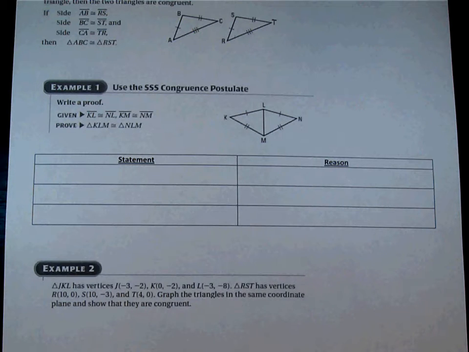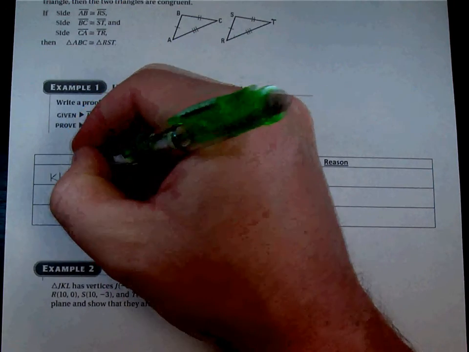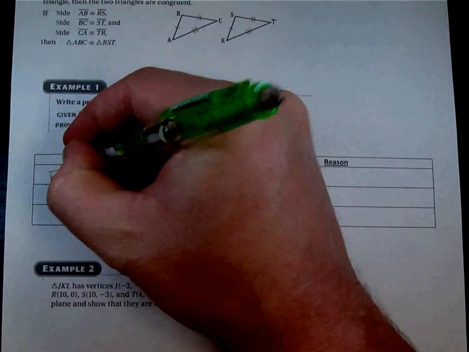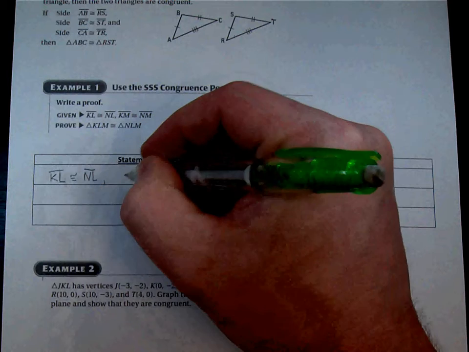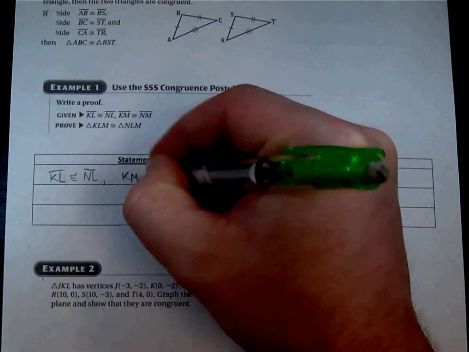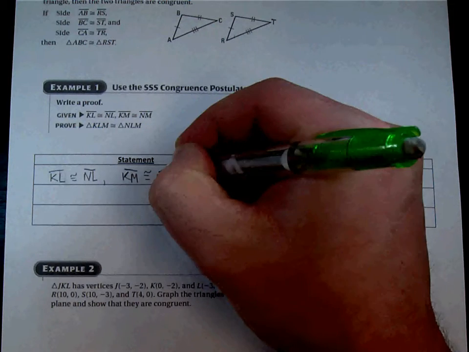So we have 2 givens to start with. I'm going to fit both givens on the same line. Segment KL is congruent to segment NL, and segment KM is congruent to segment NM.